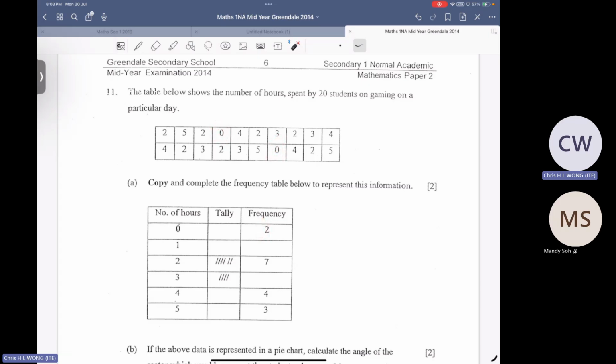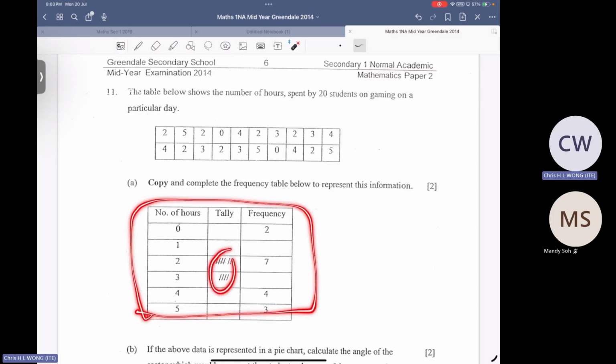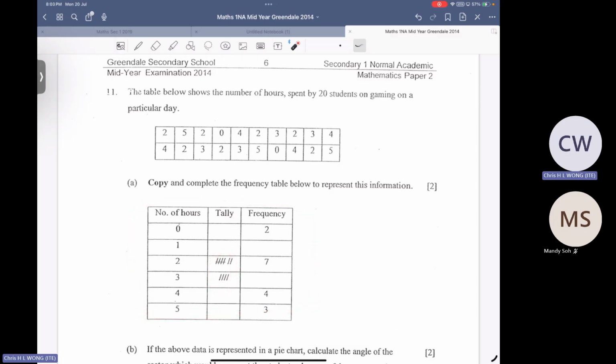You are supposed to write it in tally, following the pattern: 2 hours, 2. For 1 hour, how many? Don't have, so leave it alone, 0. Now 2 is already given to you.